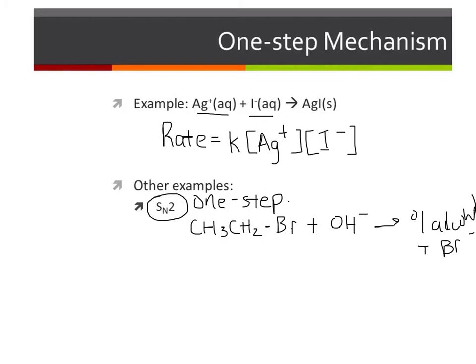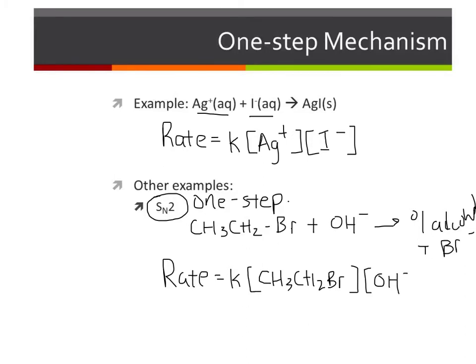Because this reaction happens in one step, we can write a rate law expression for an SN2 reaction. That is going to be dependent on both the concentration of our primary halogenoalkane and our nucleophile. In this reaction, it's OH−.